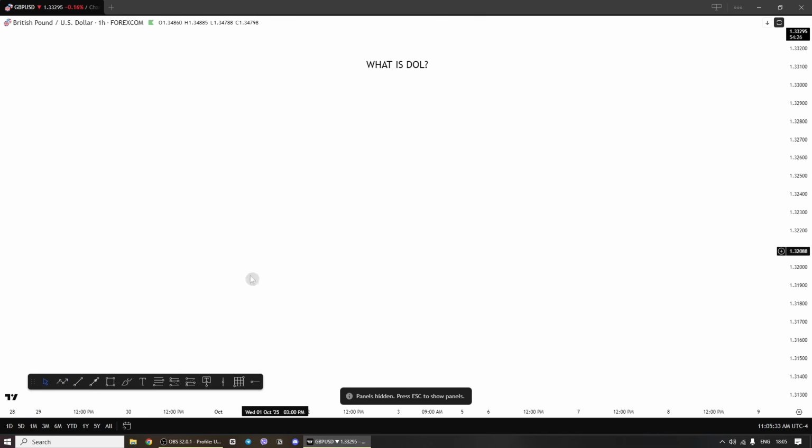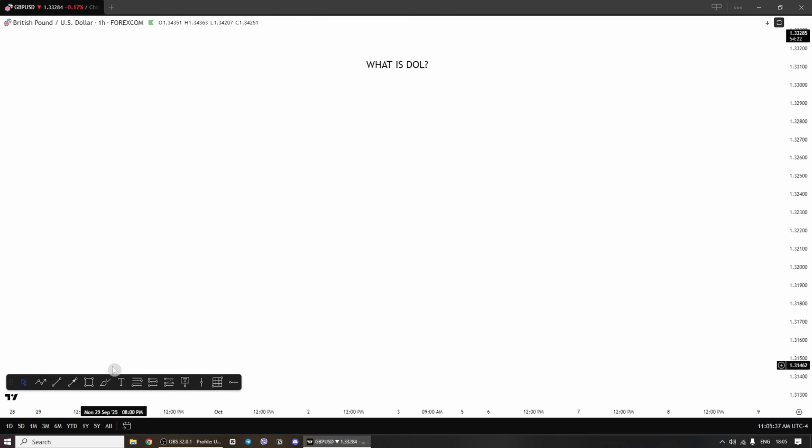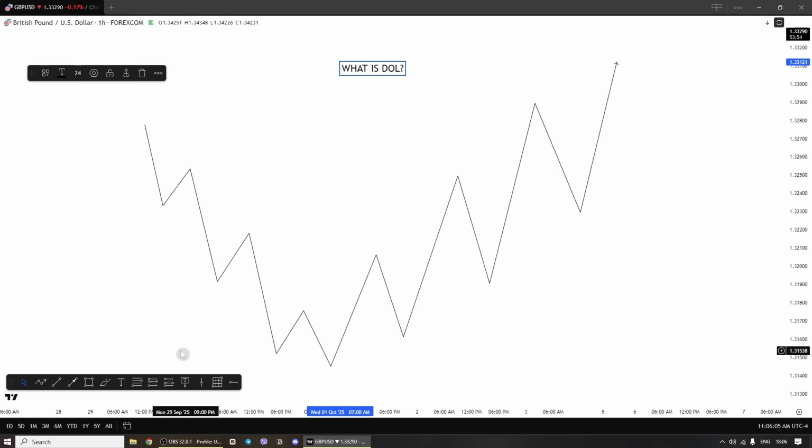So as you know from the liquidity video, we have external to internal liquidity and vice versa. This is the basics. Our external liquidity is lows, and our internal liquidity is PD arrays in the leg that created the swing low.